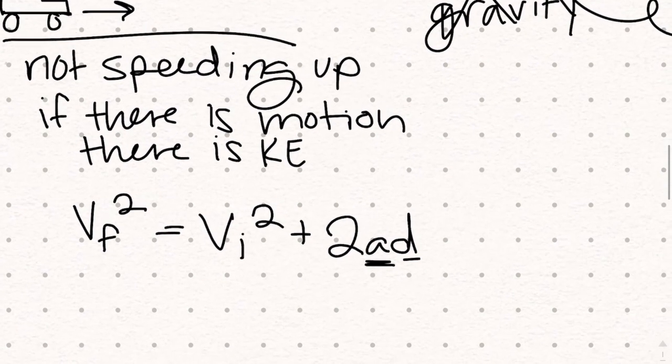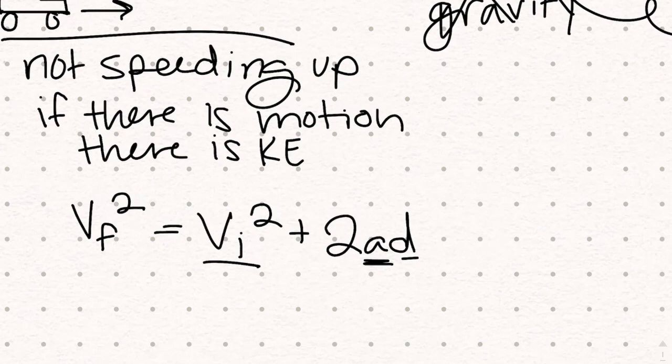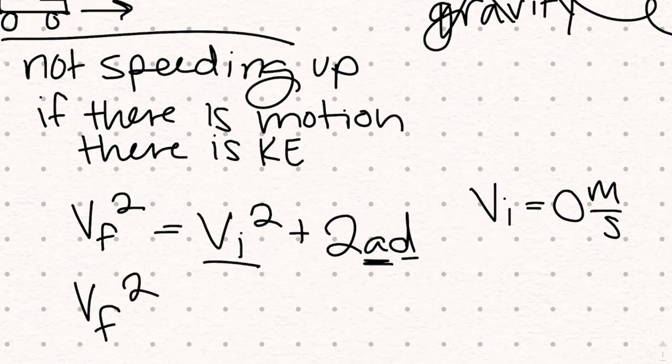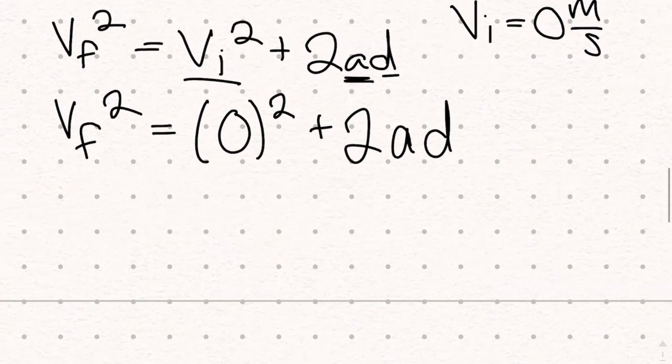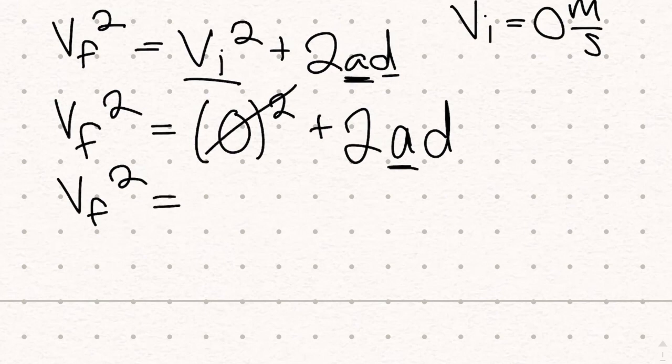All right. So now we're going to go ahead and solve for that acceleration piece. And when we're doing this, we're going to assume that our objects started from 0. So our initial velocity is going to be 0 meters per second. We're going to substitute that in and solve for acceleration. So now we've got velocity final squared equals 0 squared plus 2 times my acceleration times my distance. 0 squared is 0. Anything plus 0 is what we started with, so we can get rid of this.